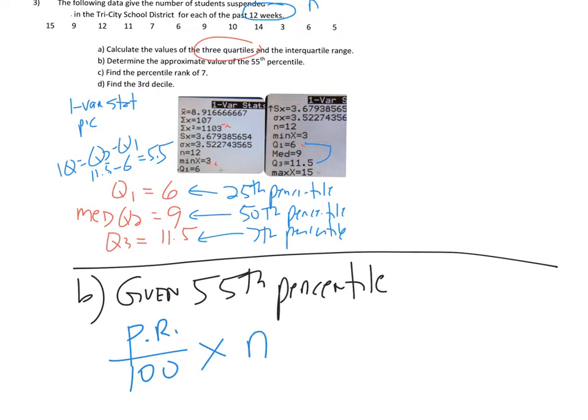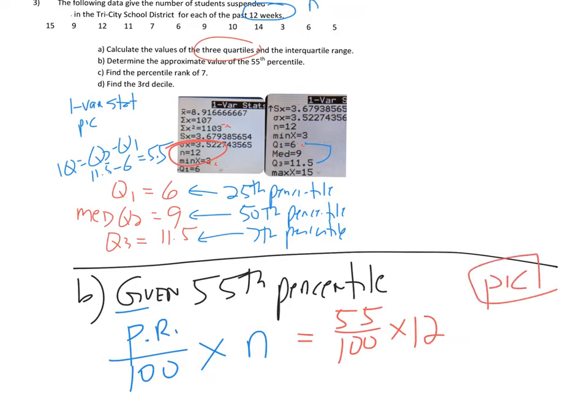So anytime you're given a percentile rank, in this case 55, you divide it by 100, and then multiply it by the number of numbers, which in this case is 12. Do this computation on your calculator and supply a picture of that work.